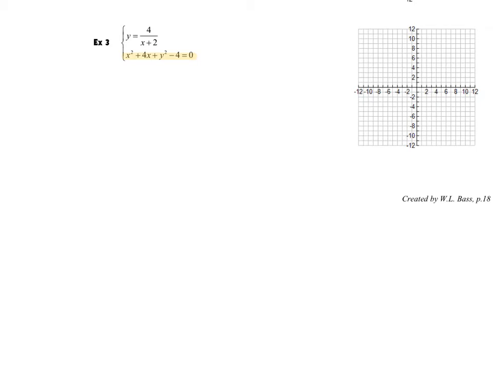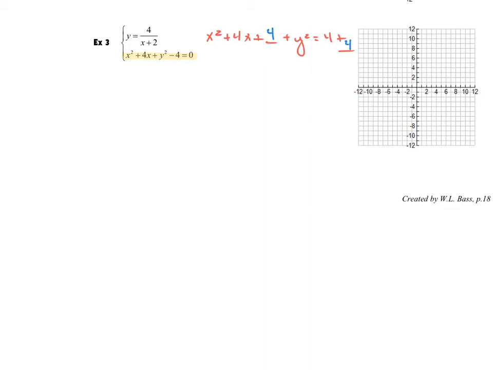Okay, so we'll have our x squared plus our 4x plus our blank and plus our y squared. And then I'm going to move that 4 to the other side. So I'll have a 4 plus a blank on the other side. So completing my square, I'm going to take my 4 divided by 2 and square it, and that gets me a 4, and I'm going to put that on the other side.